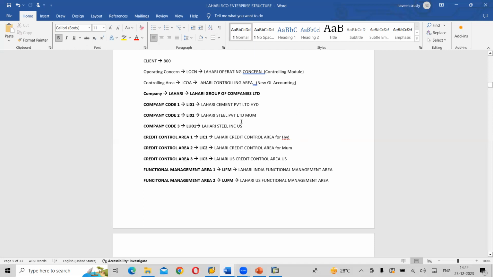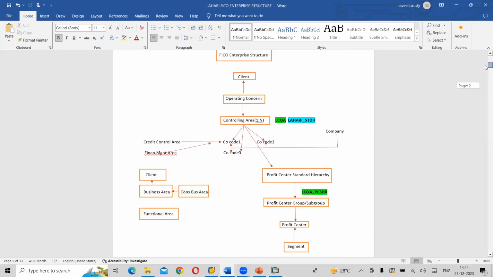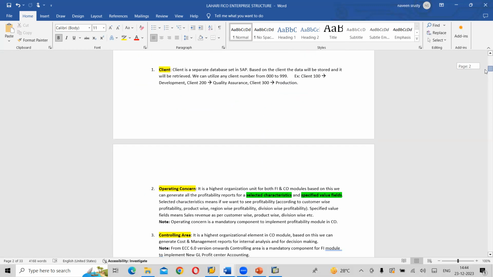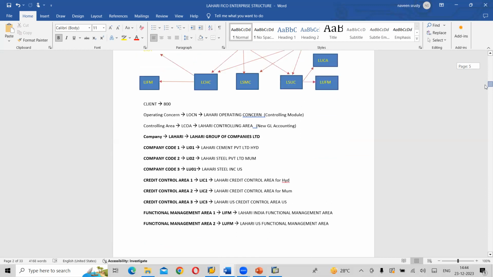We have 3 branches, so we have 3 company codes here. 2 company codes are in India and 1 company code is in US.